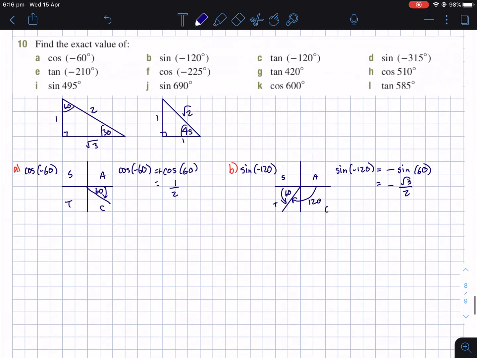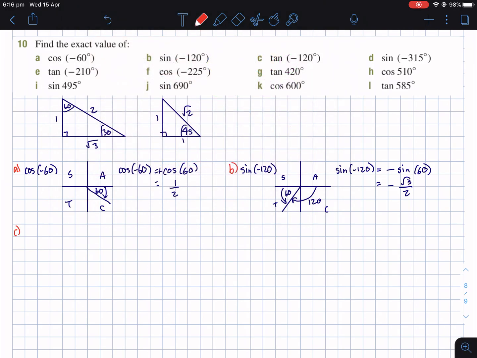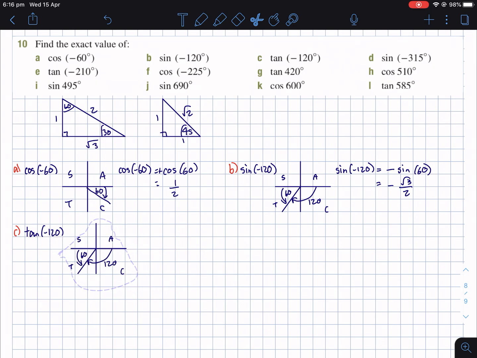Okay, now let's have a look at tan for the same angle. So C, tan minus 120. We've got the exact same angles. You don't need to draw this every time. If you find it helps, then please do. But if you find it's a waste of time, then really don't.